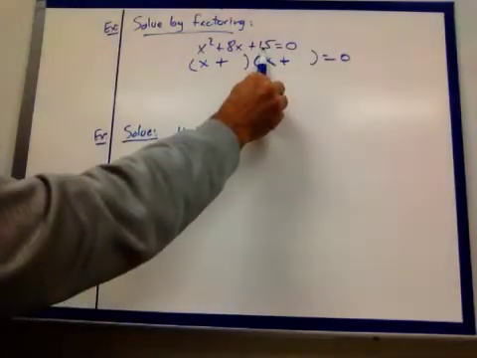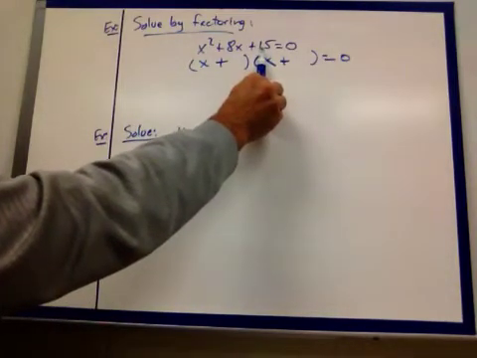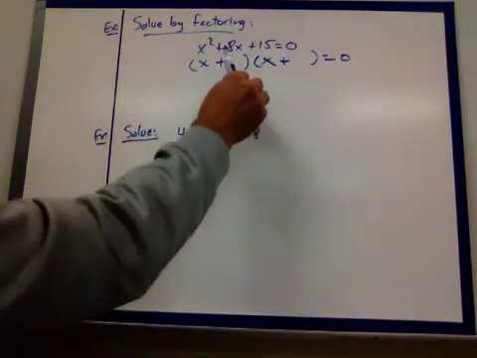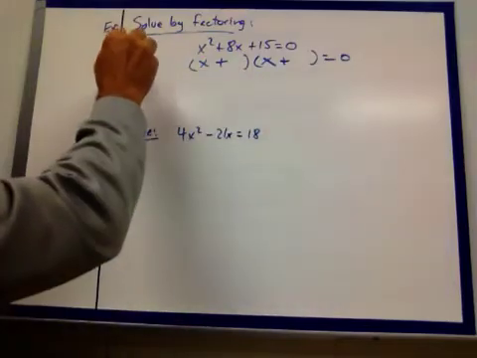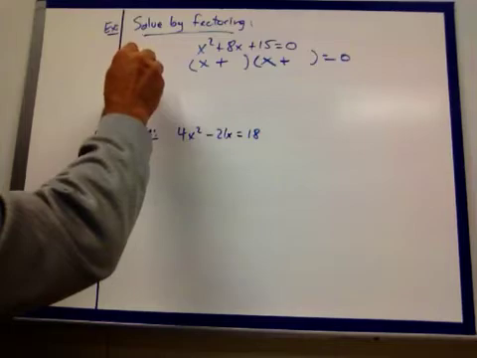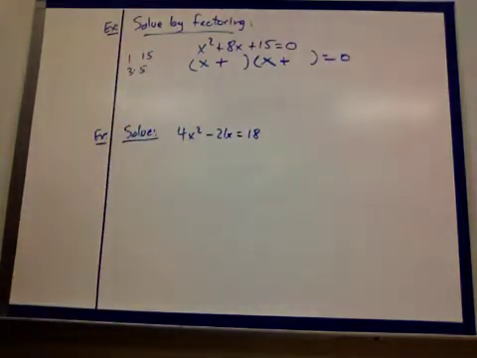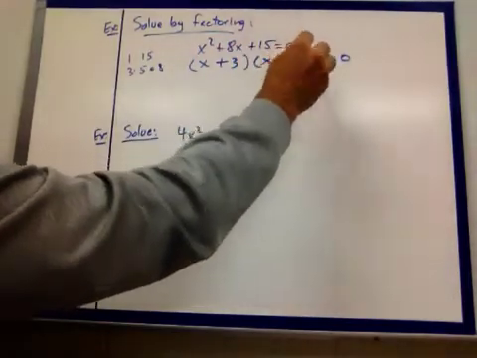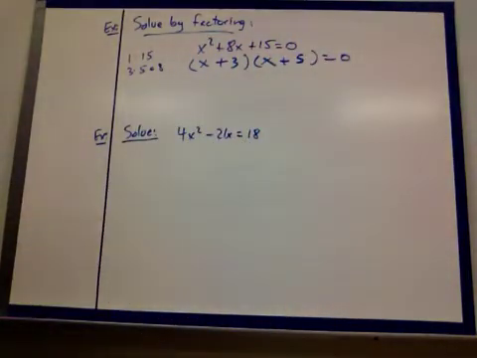Now I'm looking for factors of my c term, 15, that add up to my b term, 8. And you can go back and look at that factoring video, it's all in there. Well, 1 times 15 is 15, but when I add them up, I don't get 8. 3 times 5 is 15. Hey, when I add them up, I get 8. So I get 3 and 5. So I factored it. That's the first part.